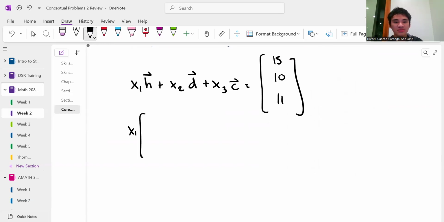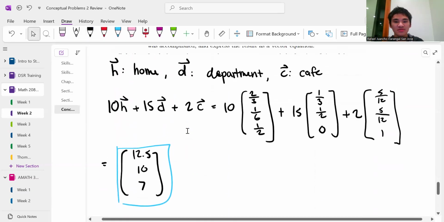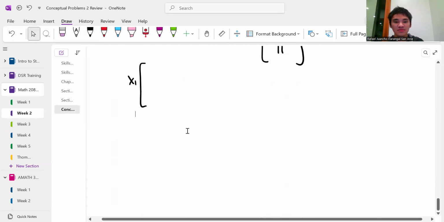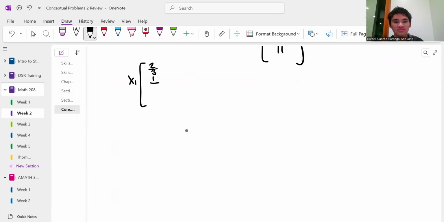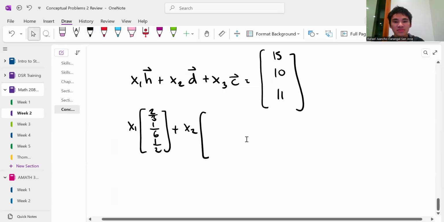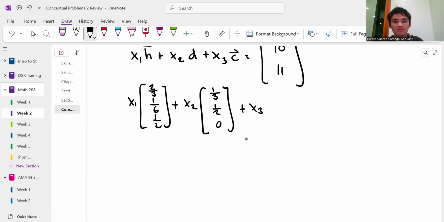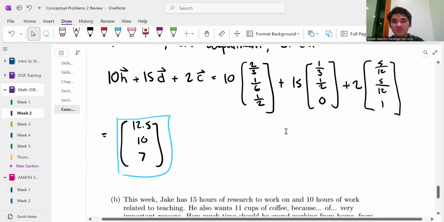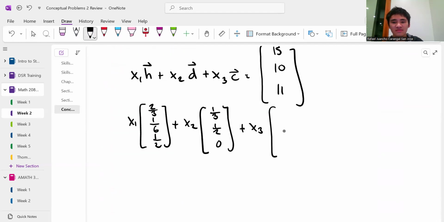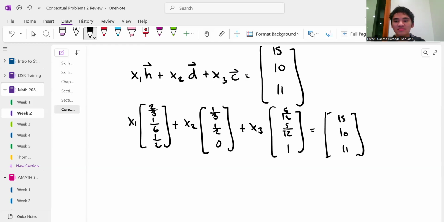And I think we can translate this into a vector equation. 2/3, 1/6, half. And then this one I believe was a third, a half, and 0. Then this one was 5/12, 5/12, 1. This is equal to 15, 10, 11.